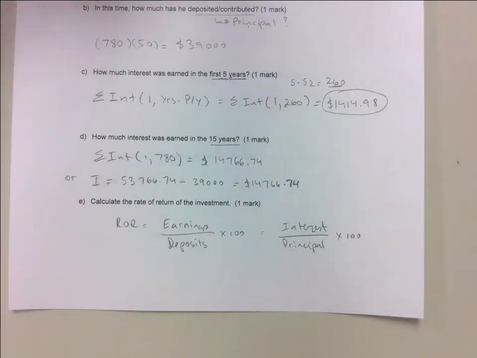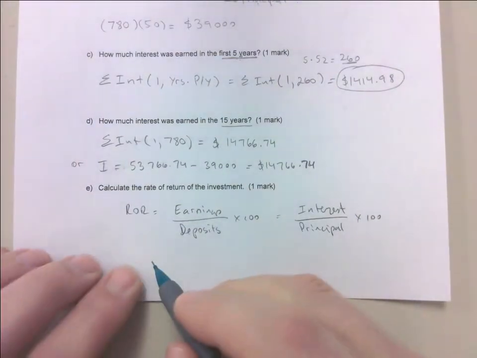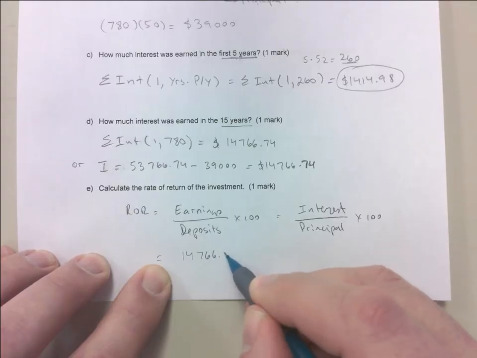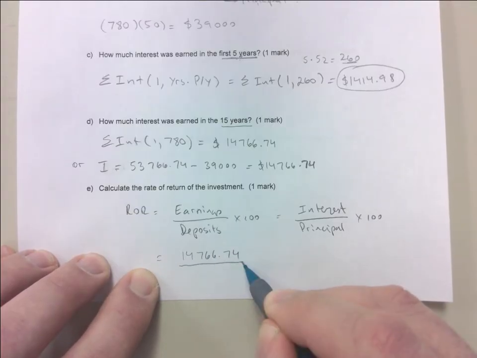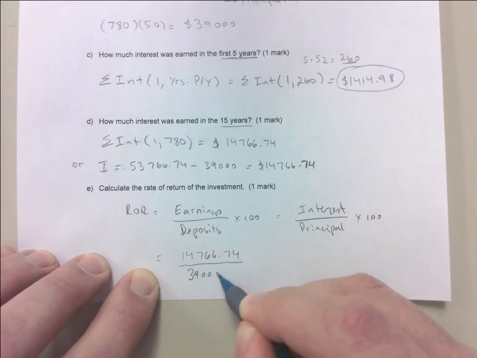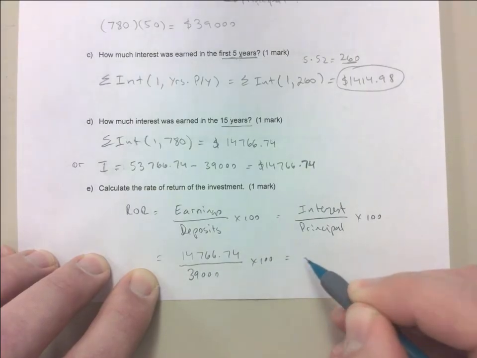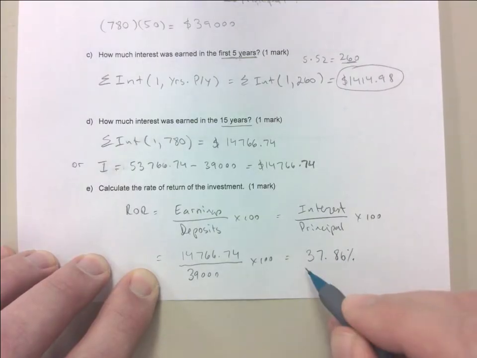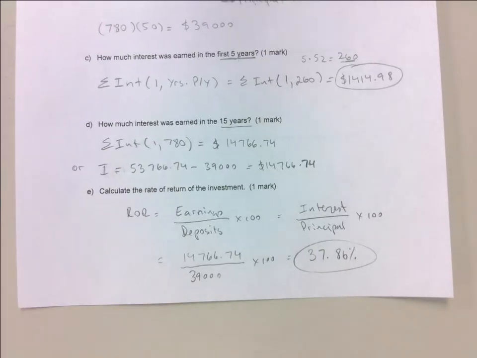It's the same thing. In this case, we know what our interest is, 14,766.74. We know what our principal is. We already figured it out, 39,000. You multiply that by 100, and you get 37.86%, if you did that right.